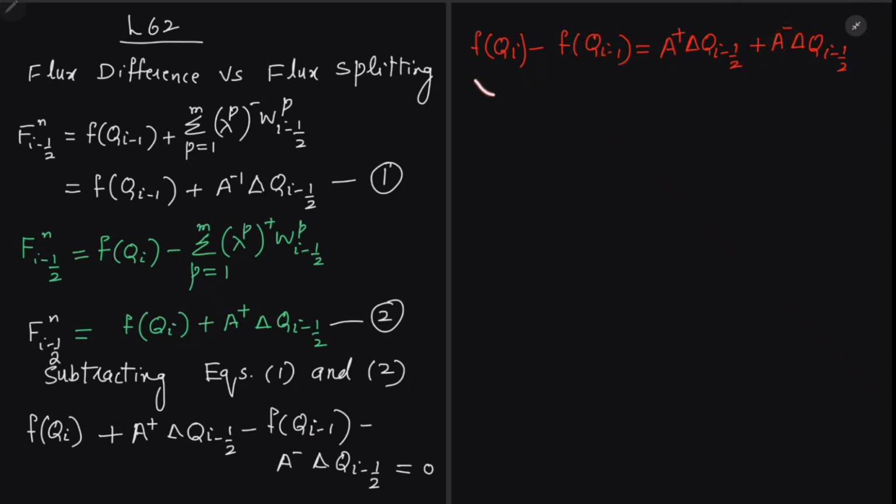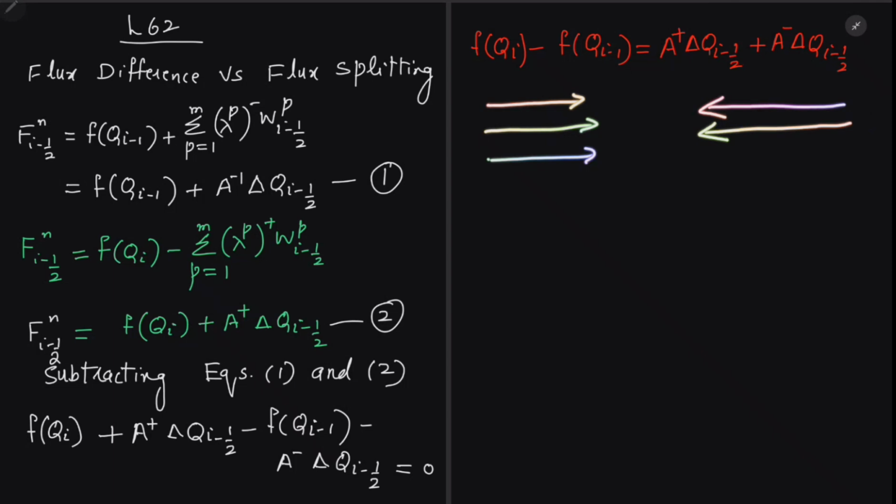So here you can see that this is a flux difference, or we say flux splitting, which we already discussed before. The splitting is based on whether the wave is moving from left to right or from right to left. If the wave is moving from left to right, then we have lambda positive.